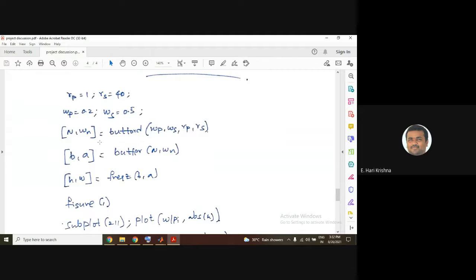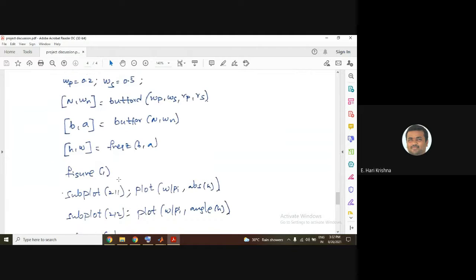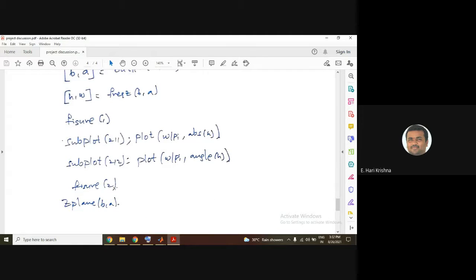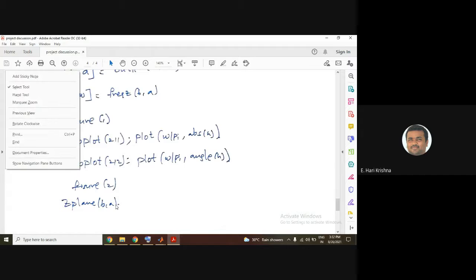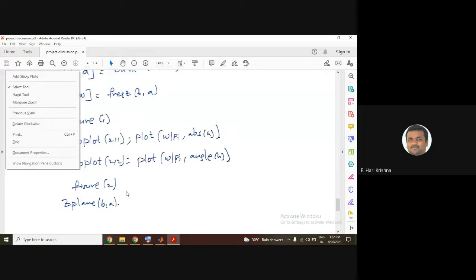So N comma omega n is equal to buttord omega p, omega s, rp, rs, and then b comma a, h comma omega, with the functions I just mentioned. Figure 1, subplot 211, plot omega by pi, absolute of h for the magnitude response, angle of h for the phase response, and figure 2, zplane b comma a gives the pole-zero plot. Try this program and see the result.